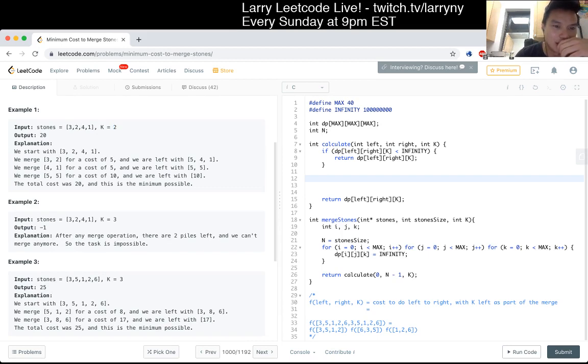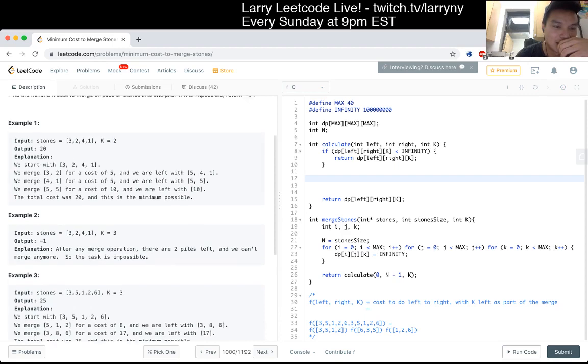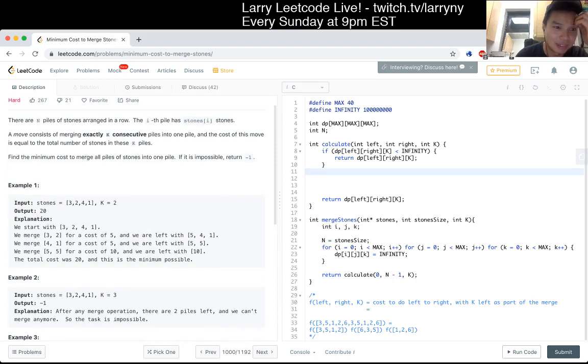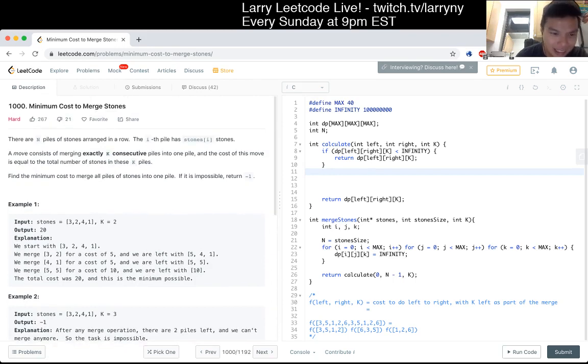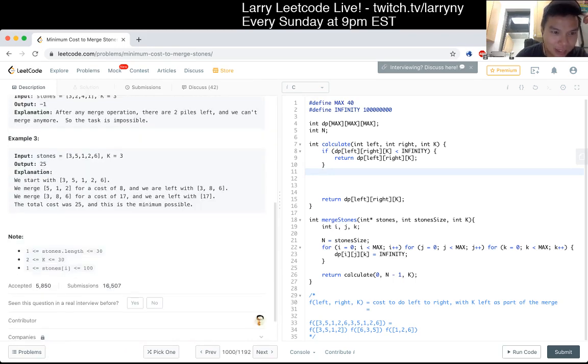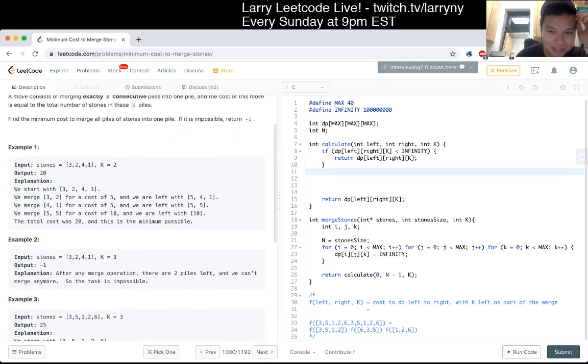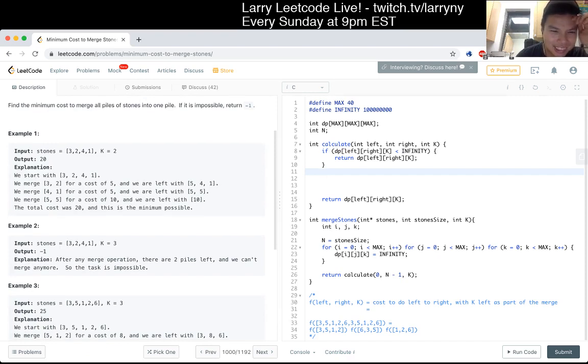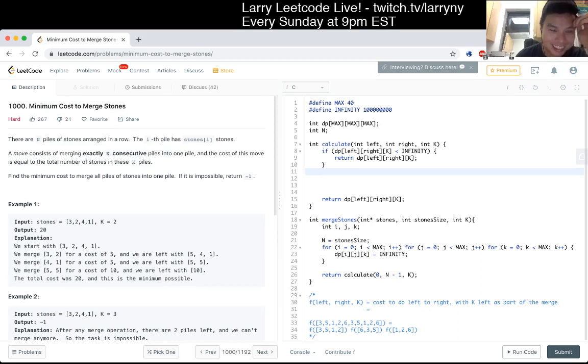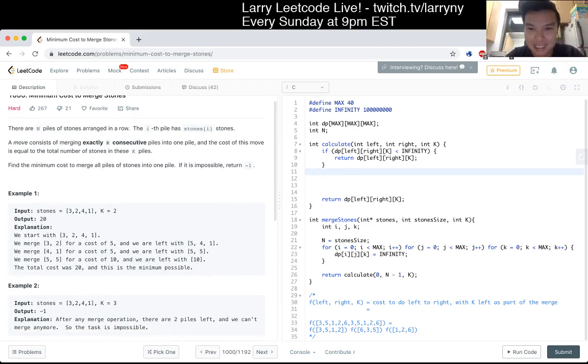Say k is equal to 1. Well, if k is equal to 1, then it's just the sum of... No, it's not even, right? Well, k can't be 1. I guess it could be 1, but then that's just... Oh, it's going to be negative 1, unless it only has one pile. Yeah, I guess that could be a base case.